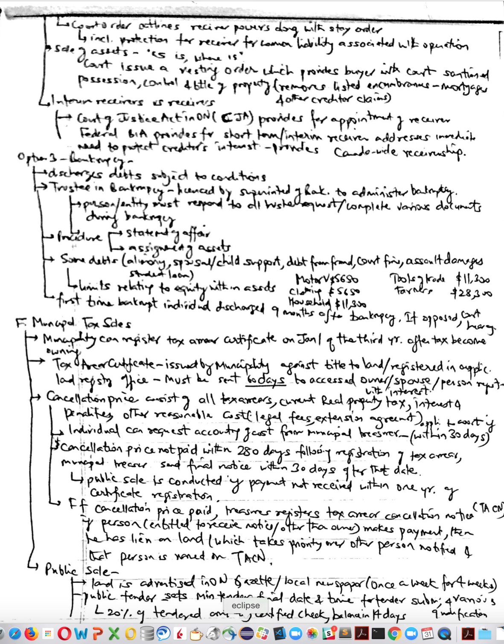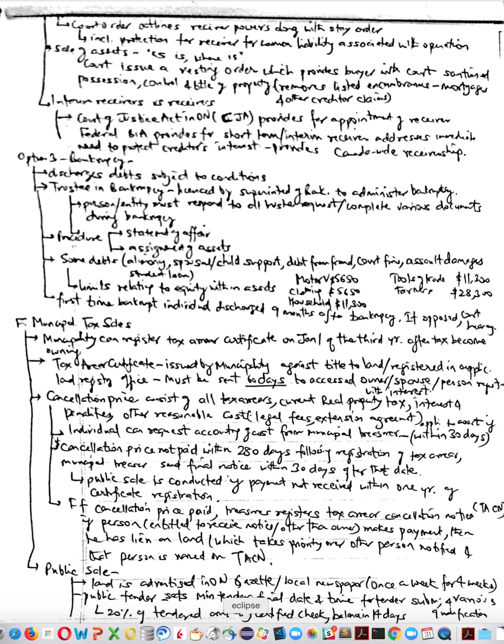So to recap, municipal tax sales involve the sale of land due to tax arrears. Arrears refer to the real property taxes placed on or added to the tax roll that remain unpaid as of January 1st of the year following the year they were placed on or added to the roll.